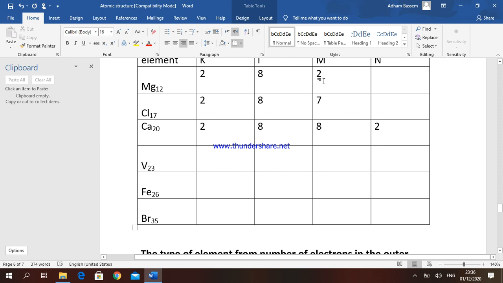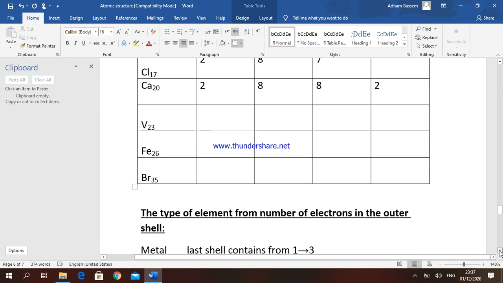While non-metals are elements which have more than 4 electrons in the outermost energy level. Maybe 5 electrons, maybe 6 electrons, maybe 7 electrons. So when you see chlorine, the outermost energy level contains 7 electrons, so we say that the chlorine atom is a non-metal atom.